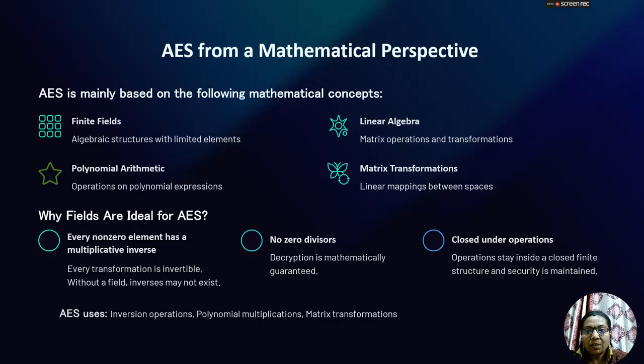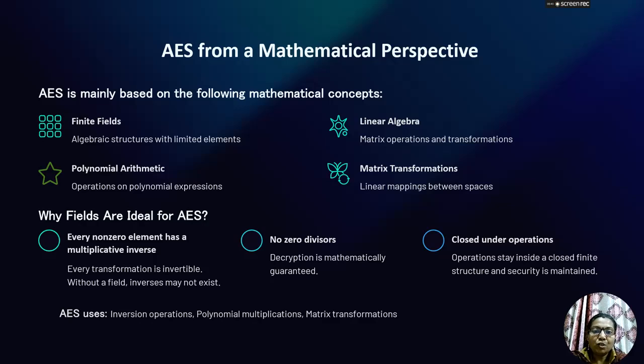Polynomial arithmetic is operations on polynomial expressions. And matrix transformations are linear mappings between spaces. So these four main concepts are applied in AES. Why are fields ideal for AES? Because every non-zero element has a multiplicative inverse.